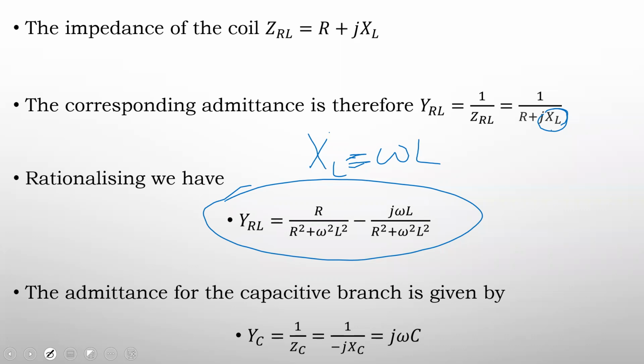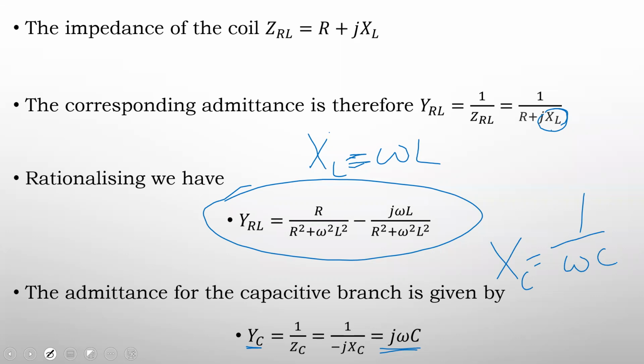So if I do that, simplify, then YC would be equal to j omega C. Again, I'm making the substitution because XC is equal to 1 over omega C. So if we find the reciprocal, we end up with omega C. But of course, in rationalizing, we know that j squared is minus 1. So minus j squared is 1, all right? So we end up with j omega C. Okay?